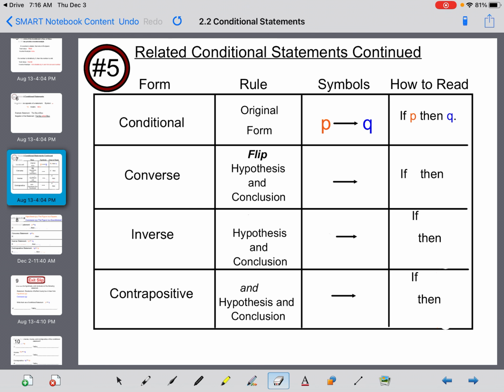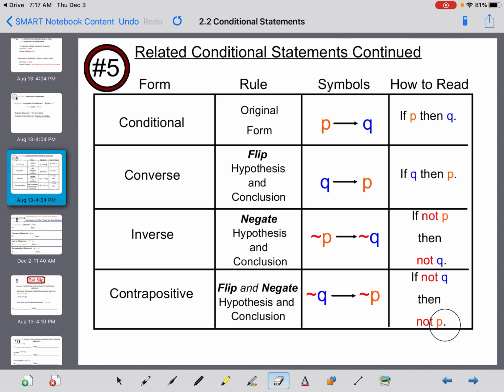So instead of if P, then Q, this becomes if Q, then P. The inverse of a statement means we negate the hypothesis and the conclusion. So if not P, then not Q. And contrapositive, this is always the one that people forget. It means both converse and inverse, to flip and negate. So if not Q, then not P.